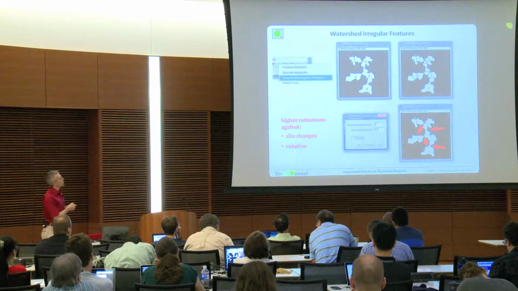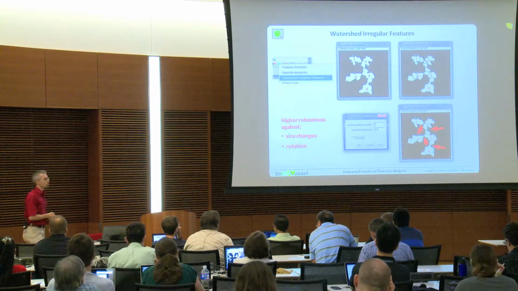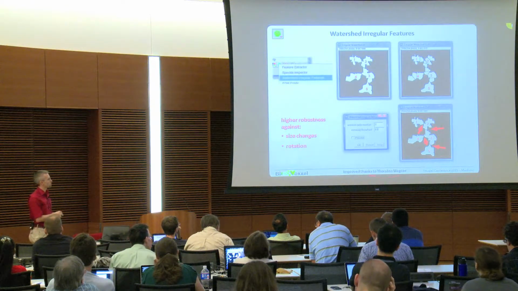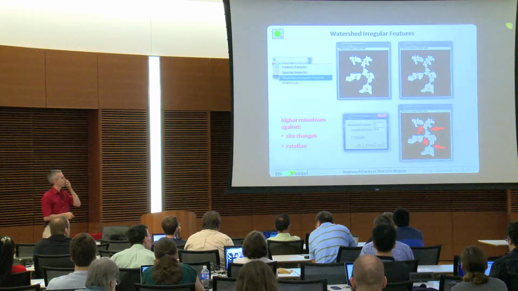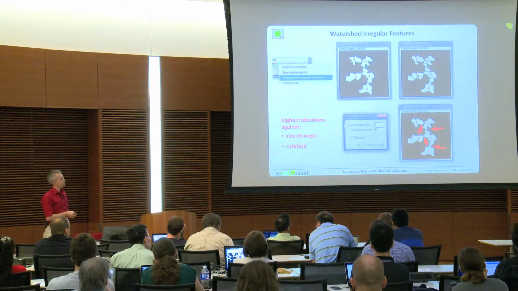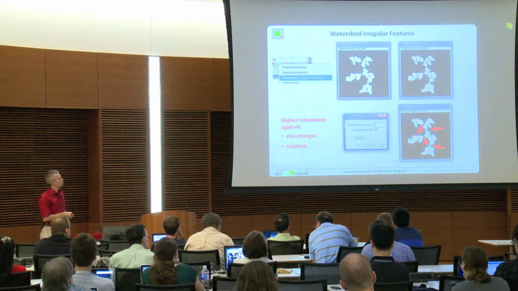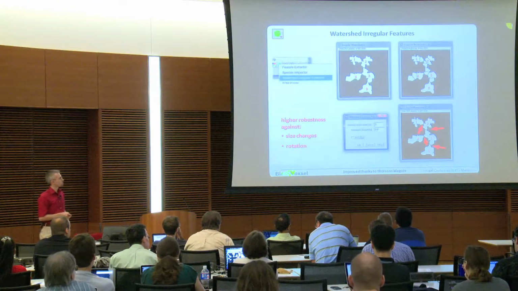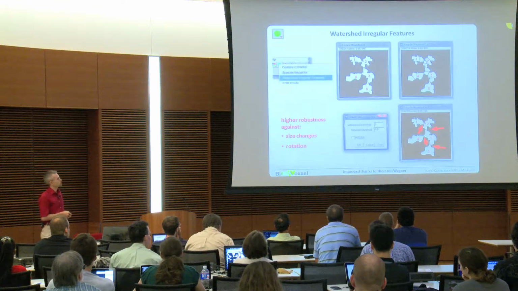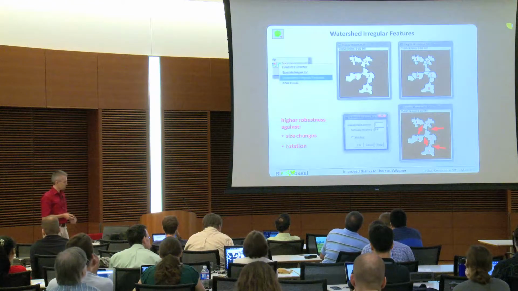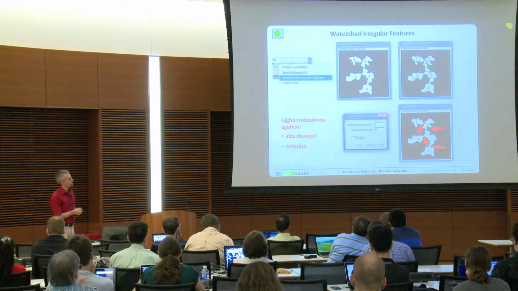And therefore, we have a second possibility, which is called watershed irregular features, that has so far 2 options, thanks to Thorsten Wagner, who added the convexity, who is also here at the conference. We have 2 possibilities. You can do it either by an erosion cycle or by a convexity. The next slide shows you what the erosion cycle does, and potentially it gets a little bit clearer what the function is.